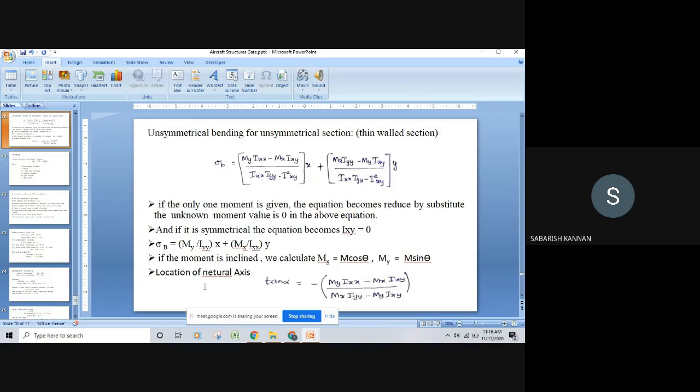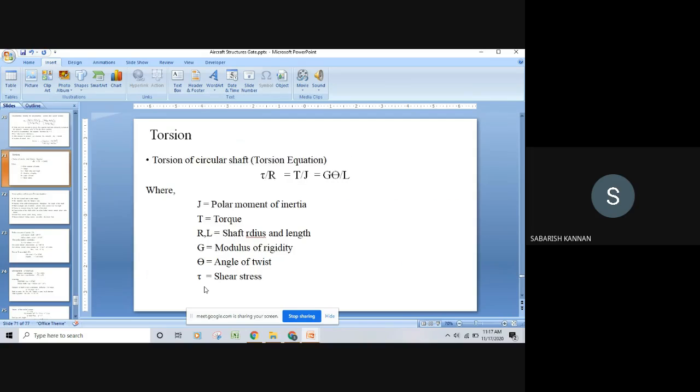That consideration is very much important, because the sign convention will differ using that. And now we come to the topic of torsion.